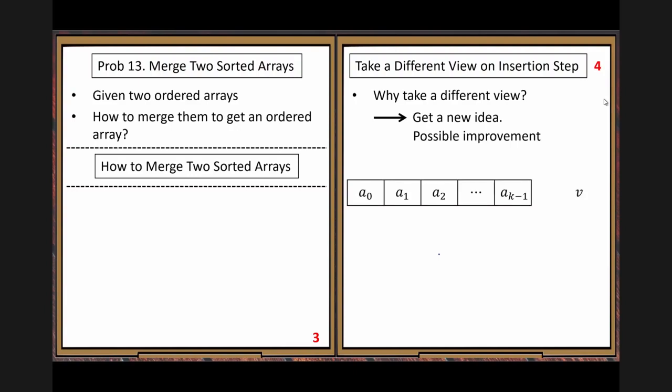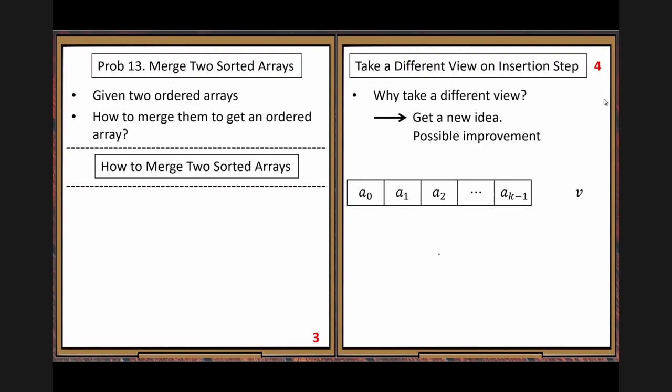So look at this as a typical insertion step. We need to insert that V in an already ordered array. That's our typical insertion step. We know how to do it, right? You're familiar with the standard insertion step.